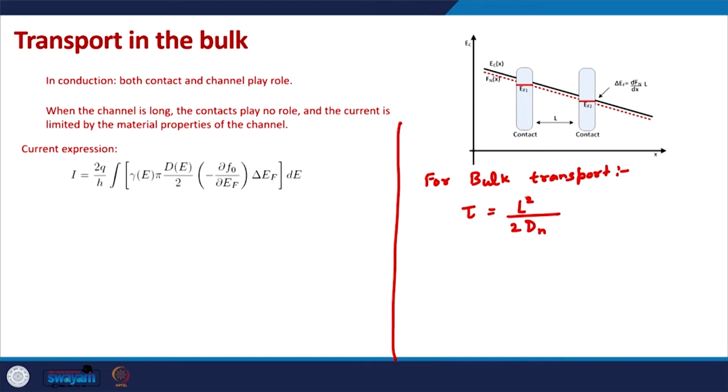So tau will be given by L squared divided by 2 Dn.